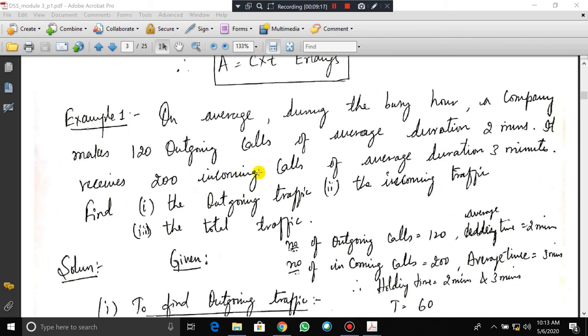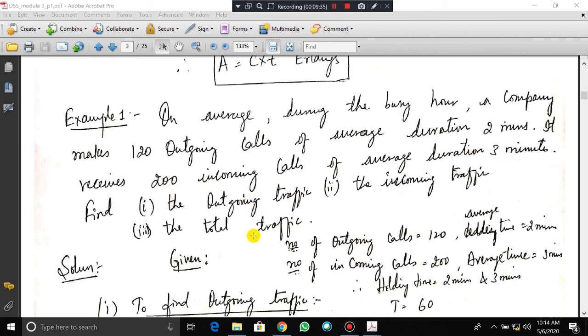On average, during a busy hour, a company makes 120 outgoing calls of average duration 2 minutes. It receives 200 incoming calls of average duration 3 minutes. Find the outgoing traffic, incoming traffic, and total traffic.